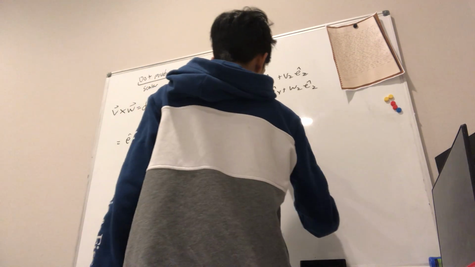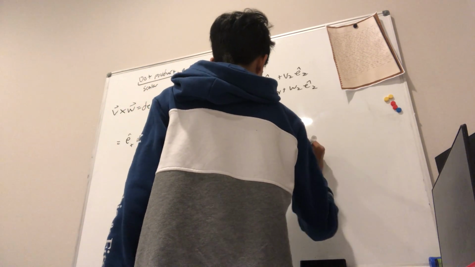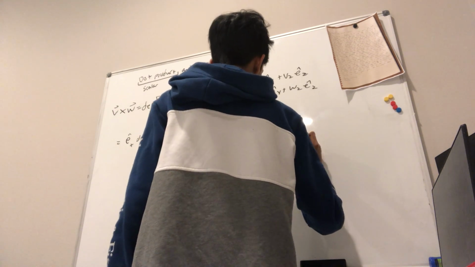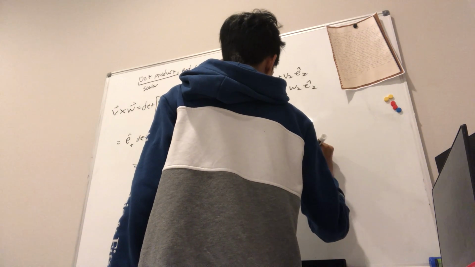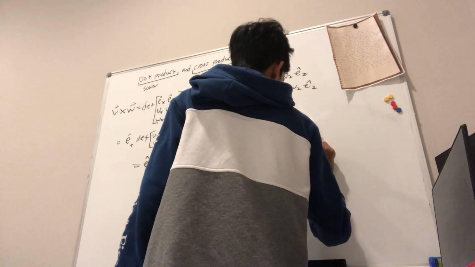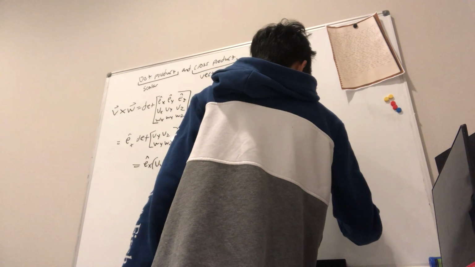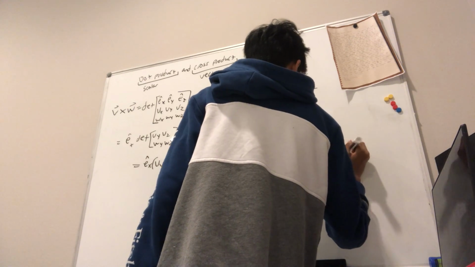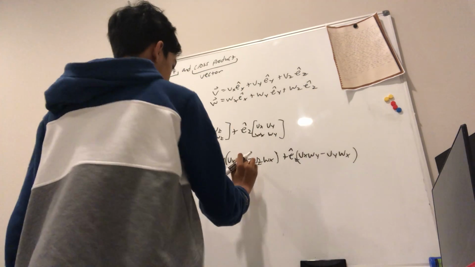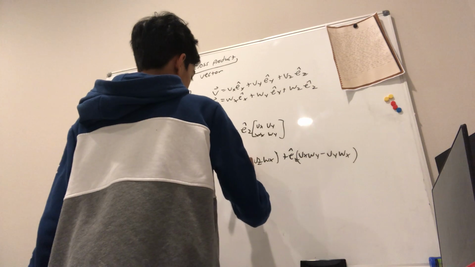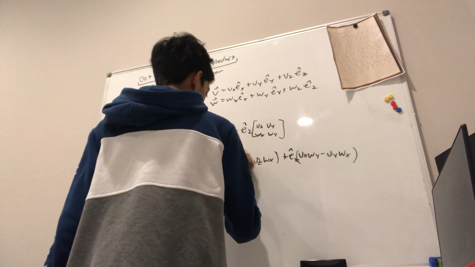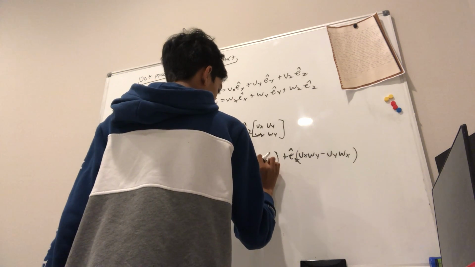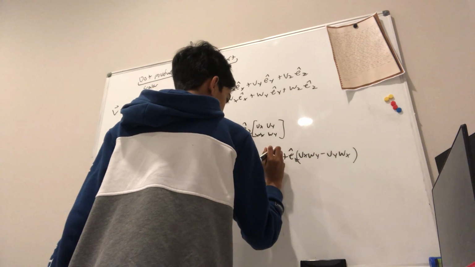And then plus e hat z times the determinant of this, which would just be vx wy minus vy wx. And I believe this is actually supposed to be vz with x and z.